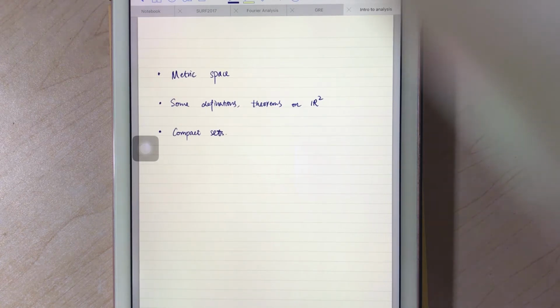So in this video, I'm going to show you what a metric space is, and hopefully we'll also introduce some definitions and theorems on the two-dimensional case, on R2 space. Maybe not in this video, but in the next one, I'm going to introduce another important characteristic of a set, which is compactness. Okay, now let's get started.